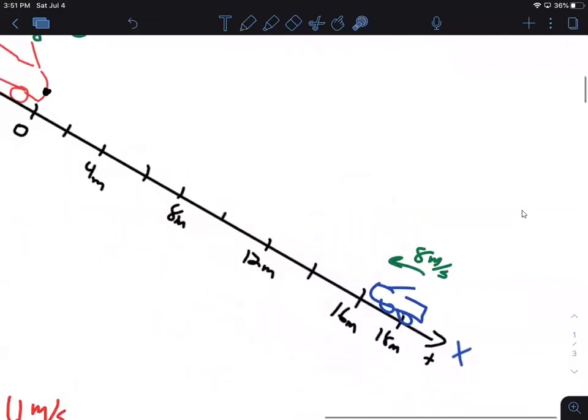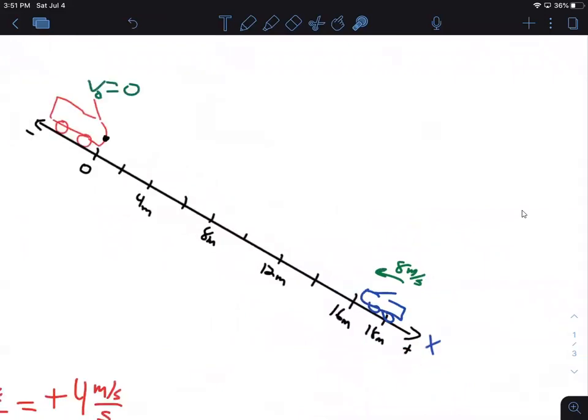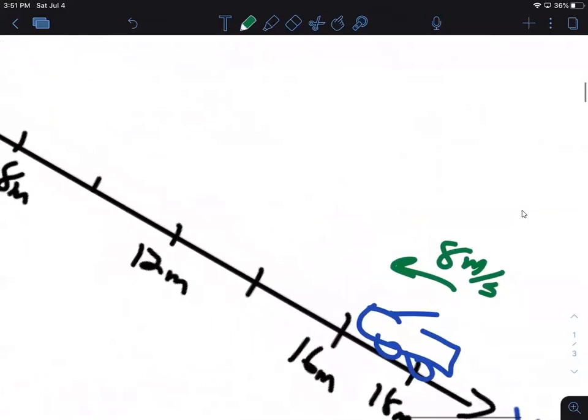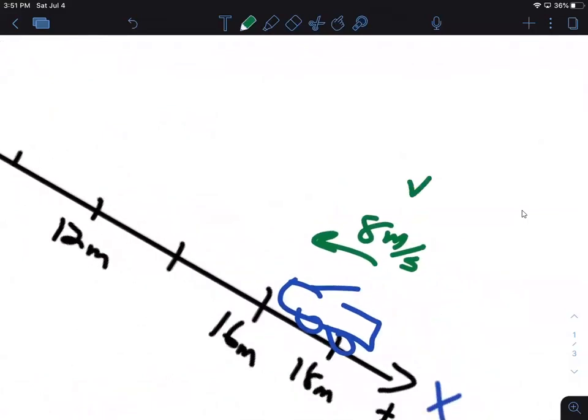And I said down the ramp was positive. Up the ramp is negative. So its velocity at 0 seconds is negative 8 meters per second. So that is very, very critical here. This negative is telling me it's going the other way. It's going up the ramp.